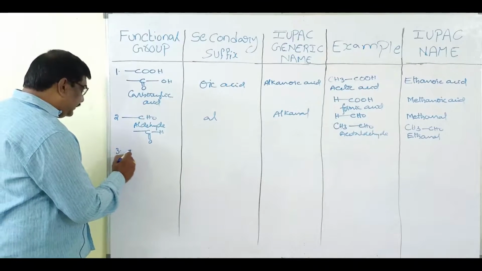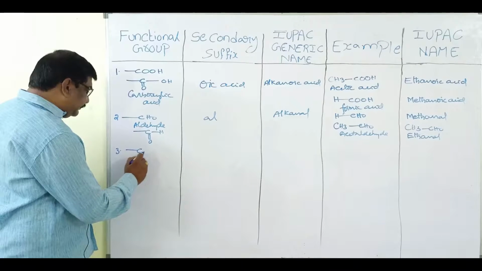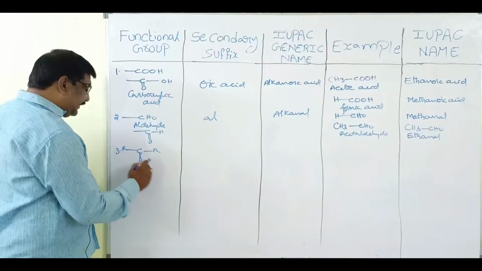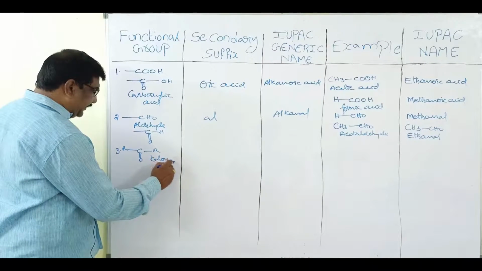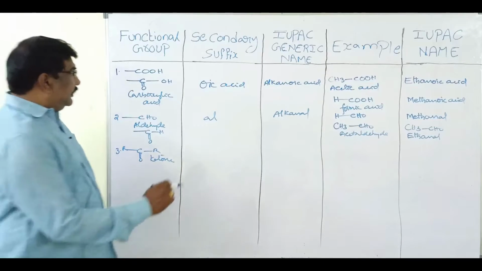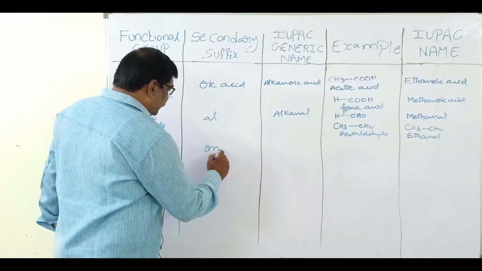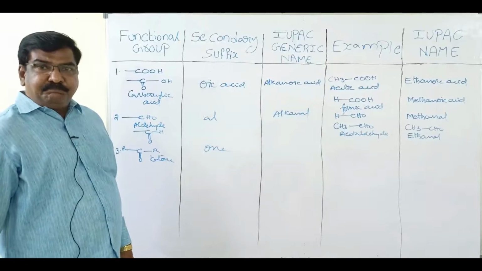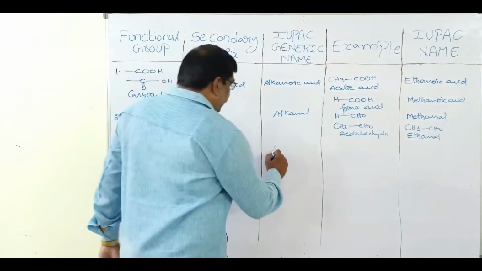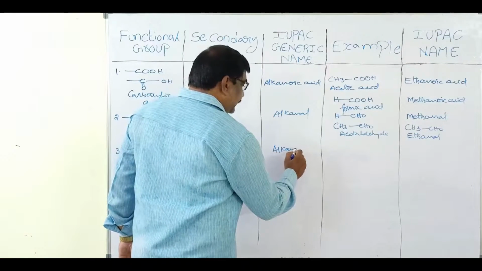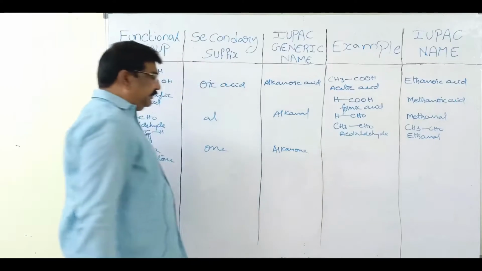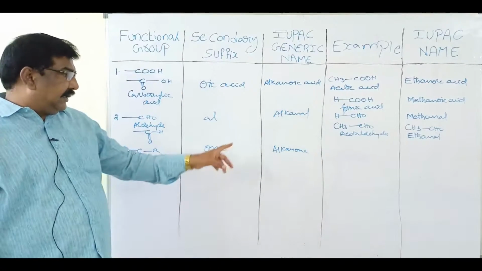Third one, C double bond O. This is called ketone, third priority. The secondary suffix for ketone is one, O-N-E. Alkane, write one in place of E, alkanone.